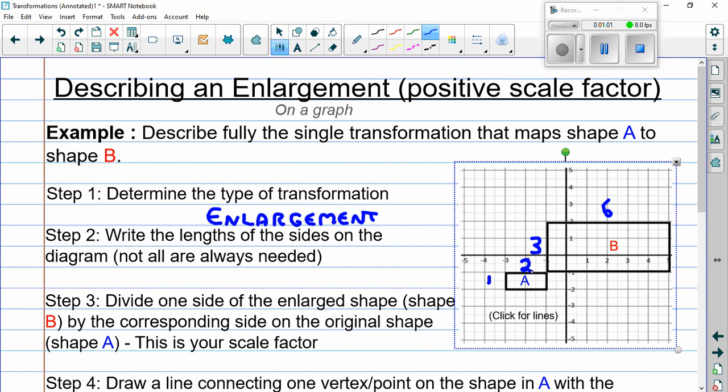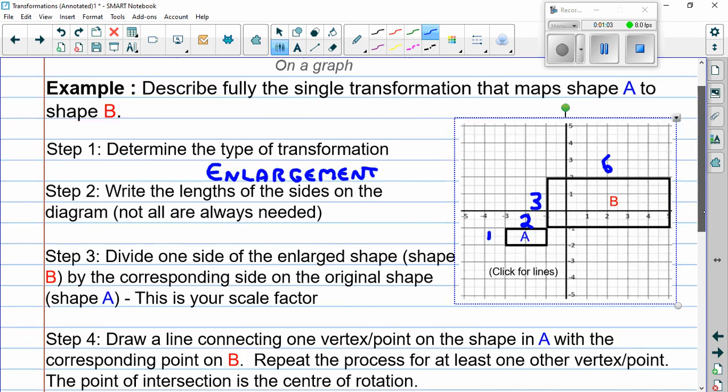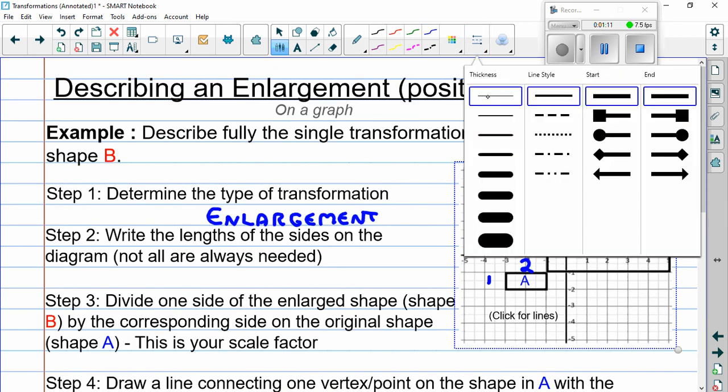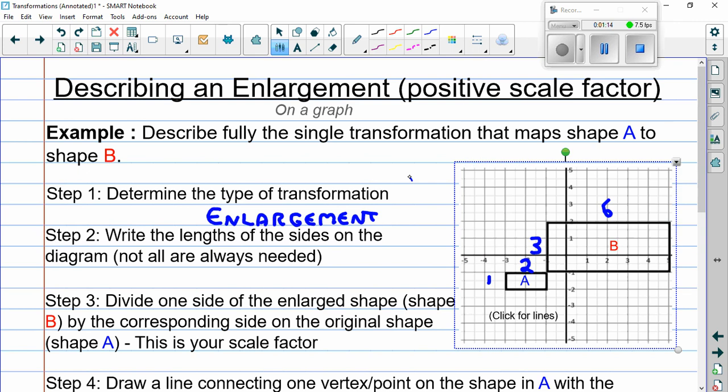So step 3, if we look here, we're going to find out our scale factor. We've done a little bit of this before, keep in mind, and all we have to do is take our new divided by our old. So our shape B is our new, and we denote this with an N, if you remember. And shape A is, I like to say just old sometimes because it's only 3 letters, whereas original is a lot more.